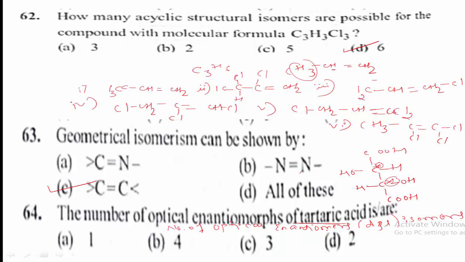Isomers can be calculated by the formula 2 to the power of n minus 1, where n means the number of asymmetric carbon atoms. So 2 minus 1 means it is 1. Therefore, it contains two isomers. Yes, therefore, the correct answer for this question is option D.